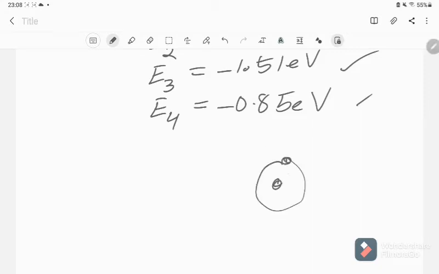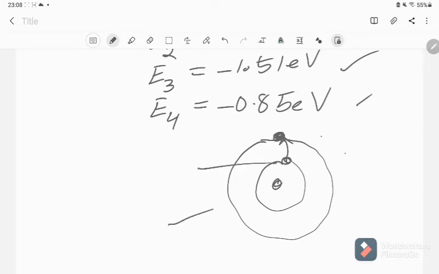Suppose after heating, it jumps to a higher energy level here by gaining some amount of energy. By heating, this electron absorbs energy and goes to the higher energy level.